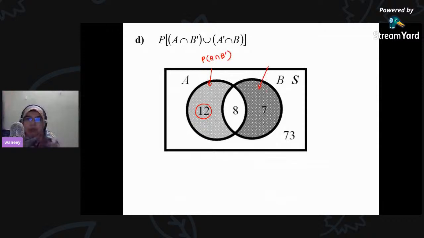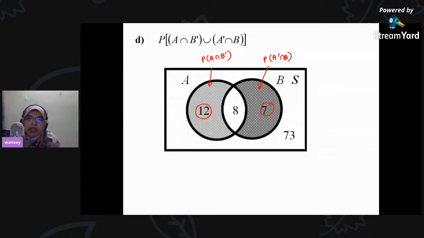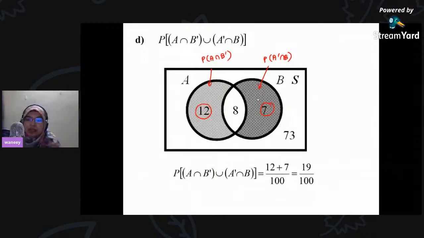And then this is probability of A prime overlap with B. That means B happen, A cannot happen. So we got a 12 plus with 7 and then we're going to divide them by 100. So 12 plus 7 over 100, or the answer is 19 over 100.